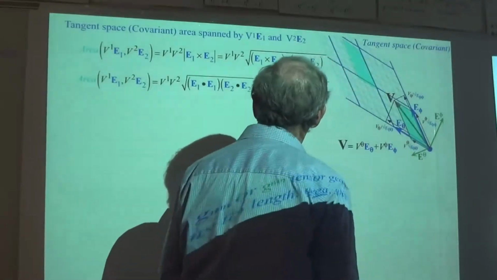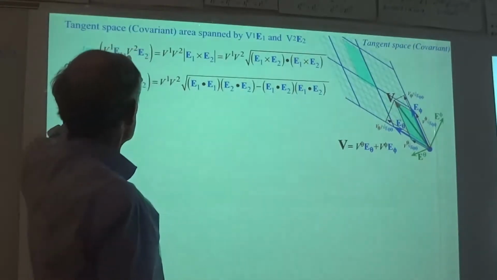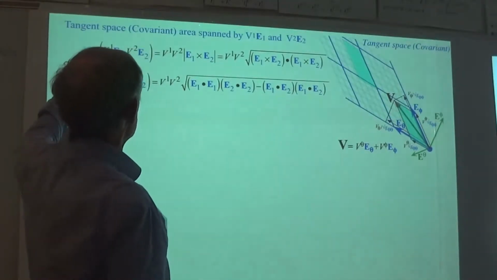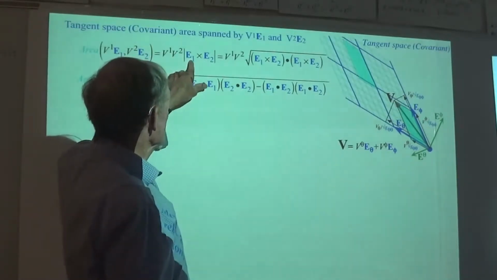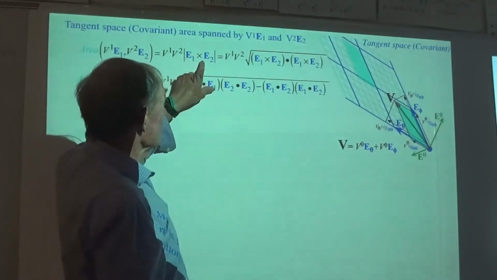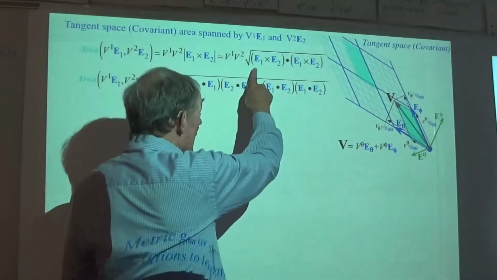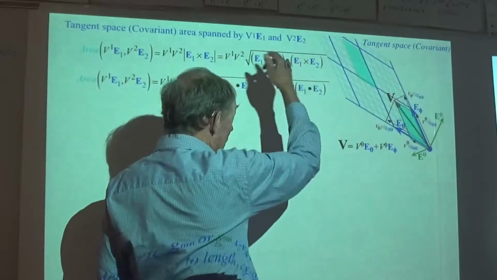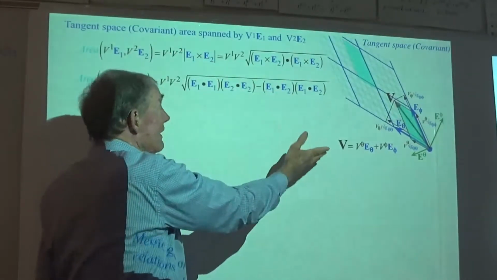Okay, so what can that area be? What we're talking about here, and this is supposedly a linear quadratic form that we're making, we can take the components outside here and call that area E1 cross E2. That is the square root of E1 cross E2 dotted with itself. And then I'll just use the epsilon tensors and all that.